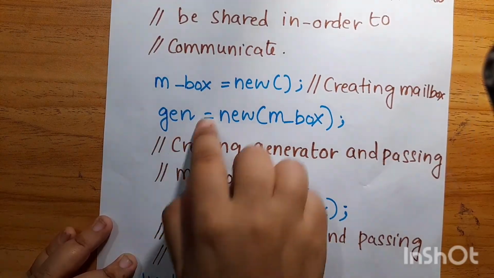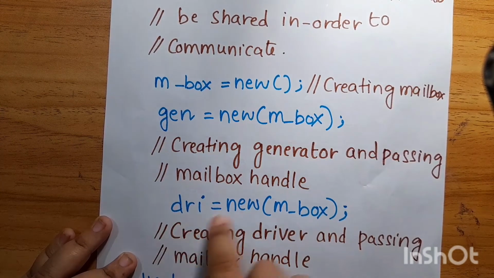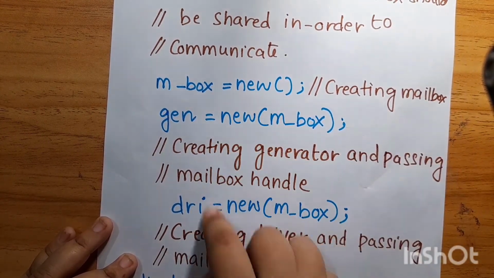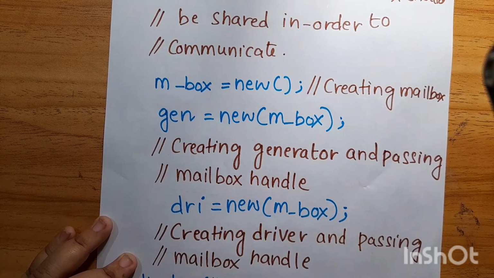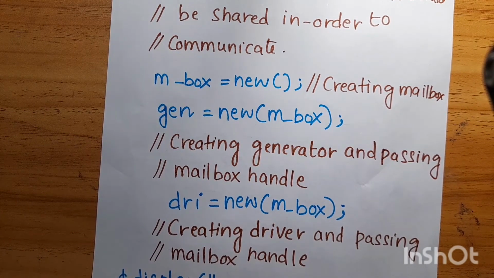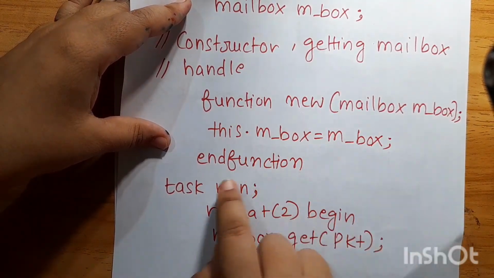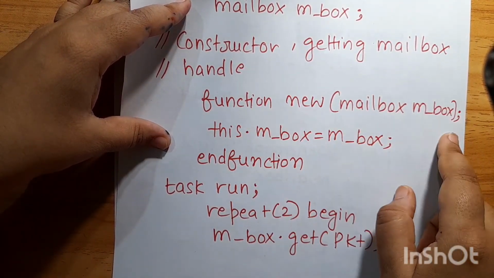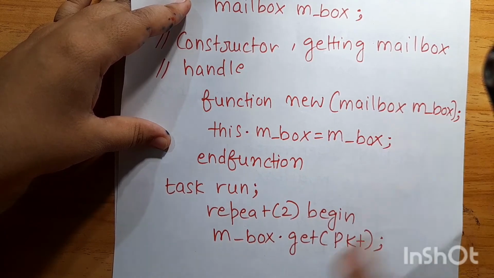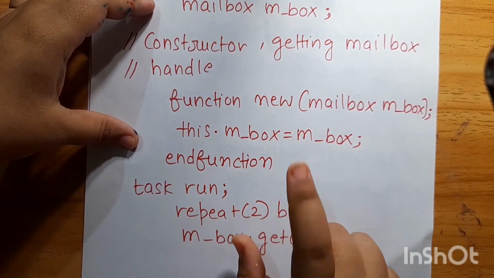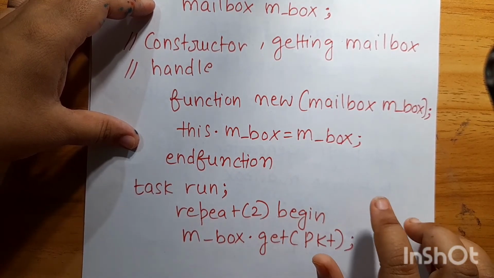Because we saw in the generator block there was a new function, and in the driver block also, in the driver and generator classes, there were new functions. Inside the driver there was function new, inside the bracket mailbox m_box; semicolon, and this.m_box is equal to m_box; semicolon, end function. This is how it was there.